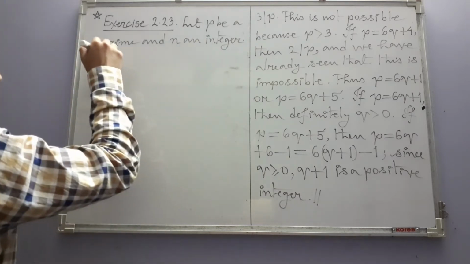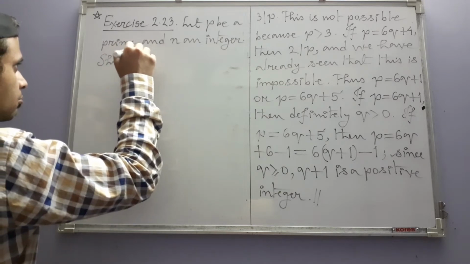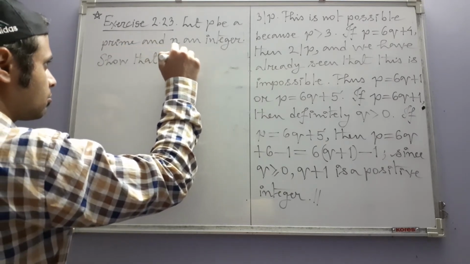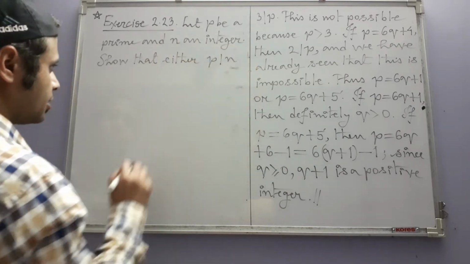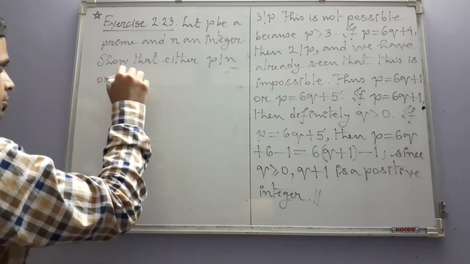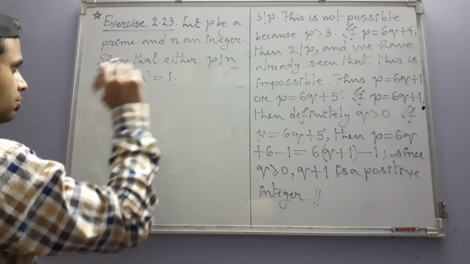Show that either p divides n or the greatest common divisor of p and n is equal to 1.